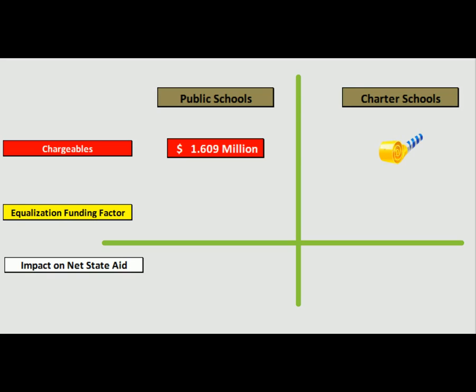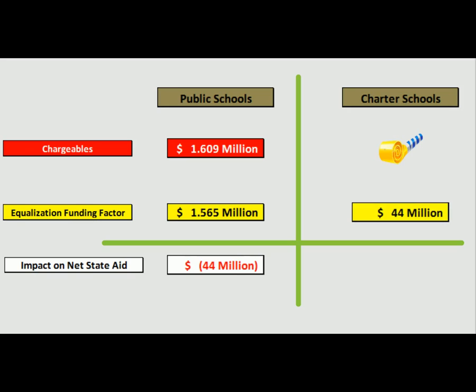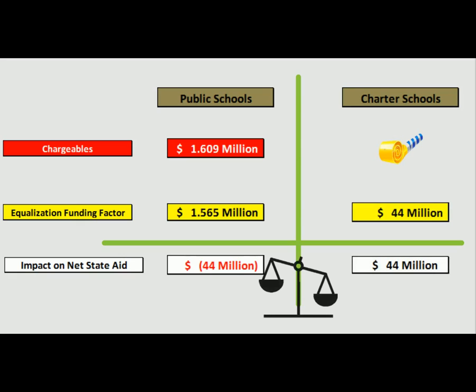Through the equalization funding factor, public schools received $1.565 million for a net loss of $44 million. This $44 million was given to charter schools. Again, a net state aid impact of $0, but a clear $44 million imbalance.